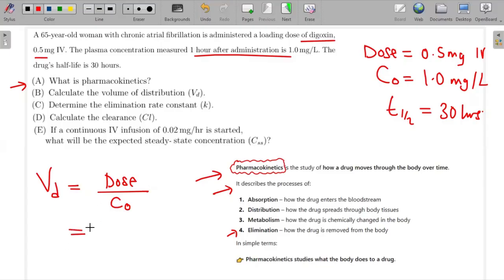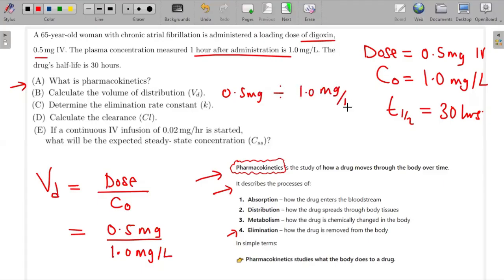Okay, so this is the plasma concentration. Now the dose was given as 0.5 milligrams, divided by the plasma concentration, which was given as 1.0 milligrams per liter. So what I have here is 0.5 milligrams divided by 1.0 milligrams per liter.